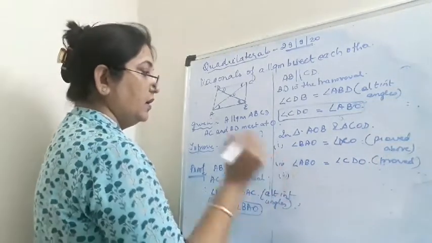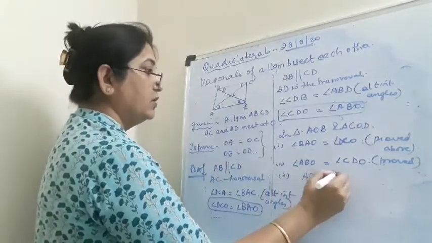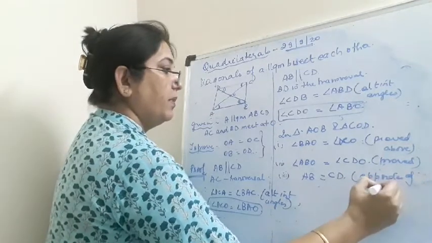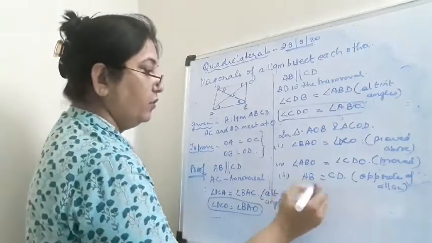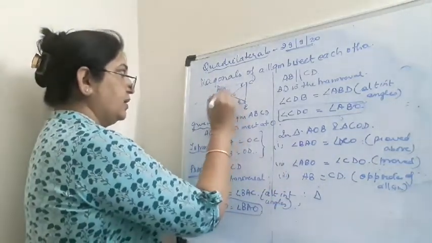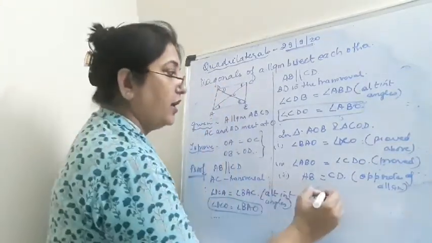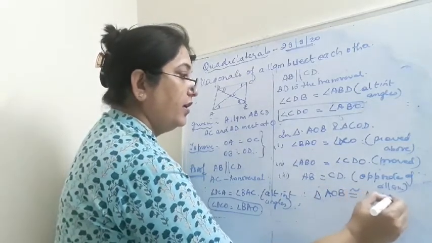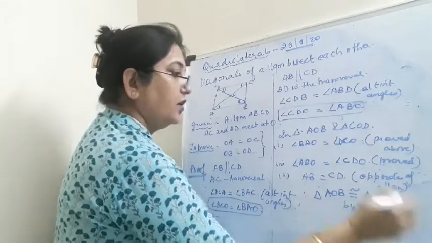Third, AB is equal to CD, because opposite sides of a parallelogram are equal. We know this property. Therefore, these two angles and the side: which property is this? This is ASA. So triangle AOB is congruent to triangle COD by the ASA congruence.